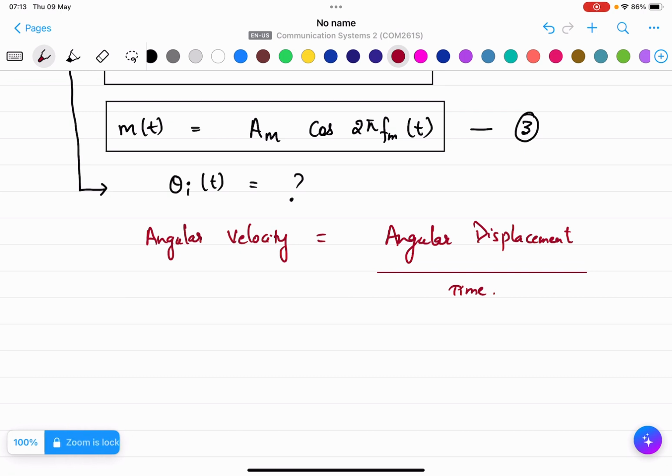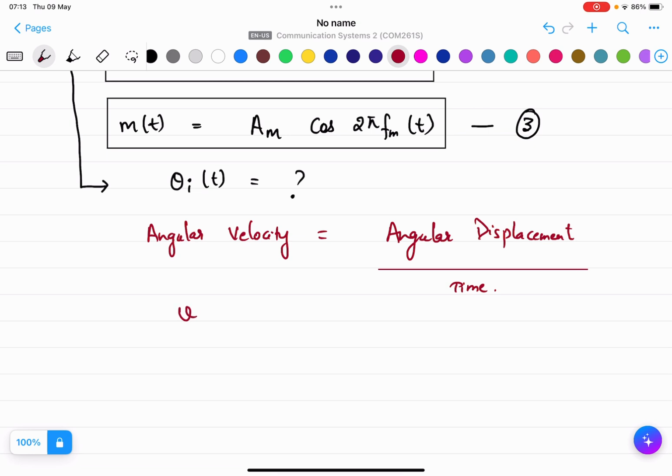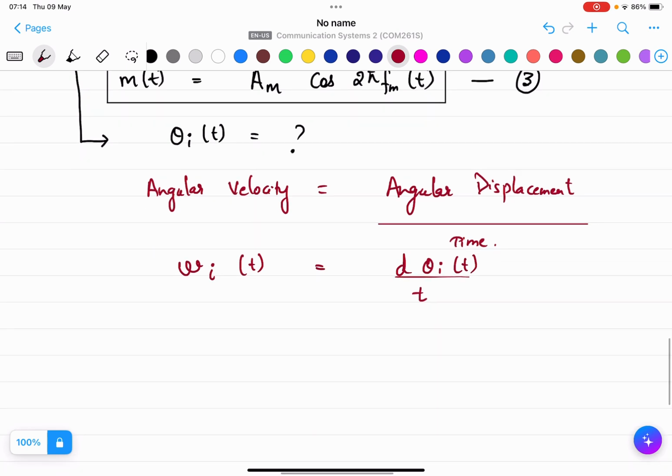Basically, we all know the formula of velocity. It is velocity equals displacement over time. But if we are speaking about angular, that means angular velocity equals angular displacement over time, right? So I'm just denoting it with omega equals angular displacement over time, right? I can write it like this.